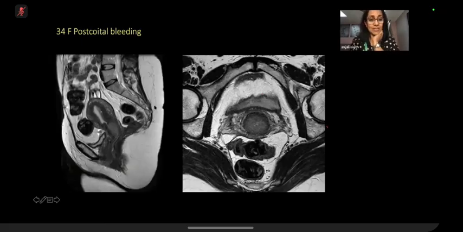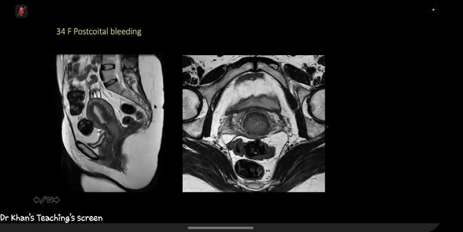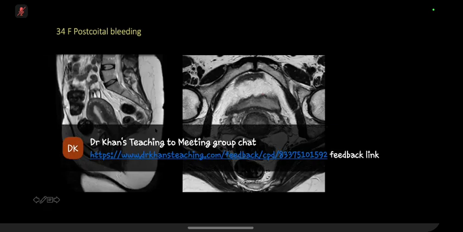Candidate 3 again. Okay, so on the selected T2 sagittal and I think axial images, there is an abnormality centered around the cervix where there is an intermediate signal mass.